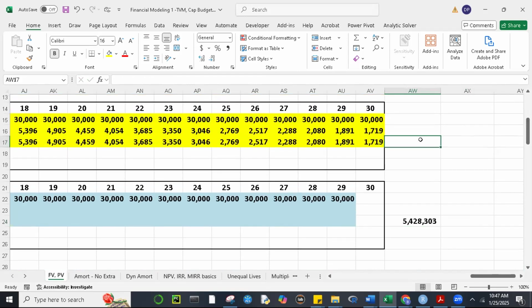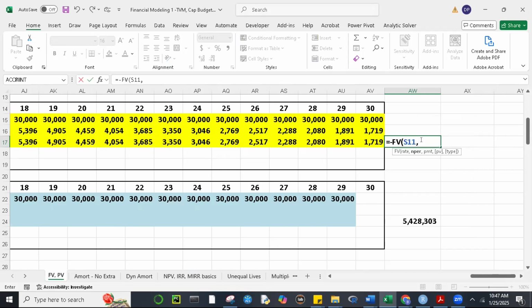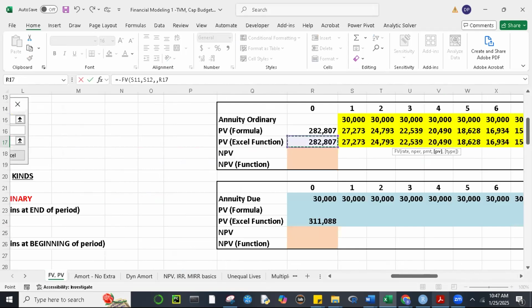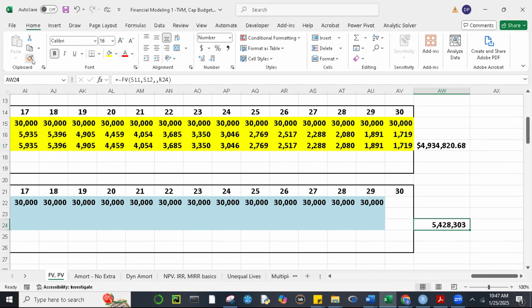On the other hand, the future value for annuity ordinary is negative FV. Again, the rate is S11, comma, N per is S12, comma. We don't use the PMT. We use the present value, which is 282,807. And ignore the type. Okay, there.